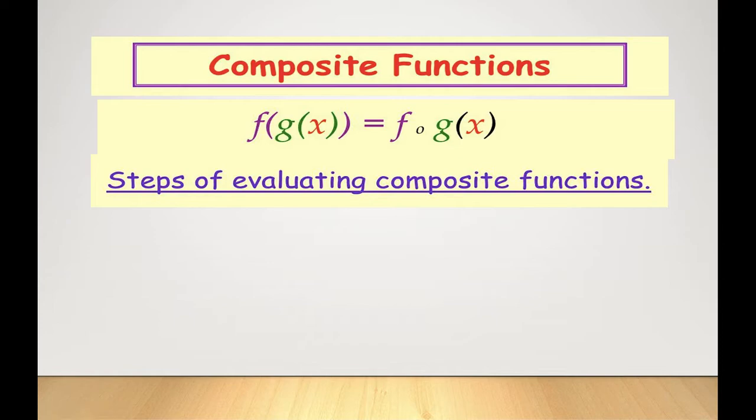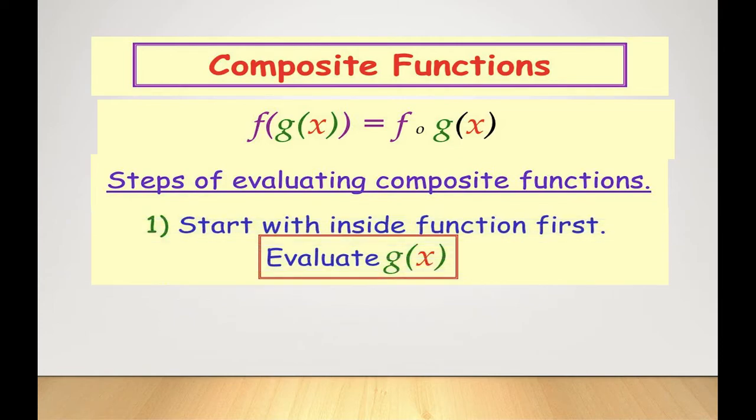Now we will see the steps for evaluating composite functions. Start with the inside function first. For f of g of x, which is a composite function, evaluate g of x first.